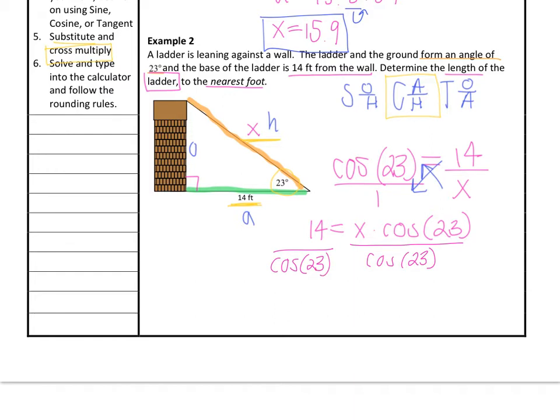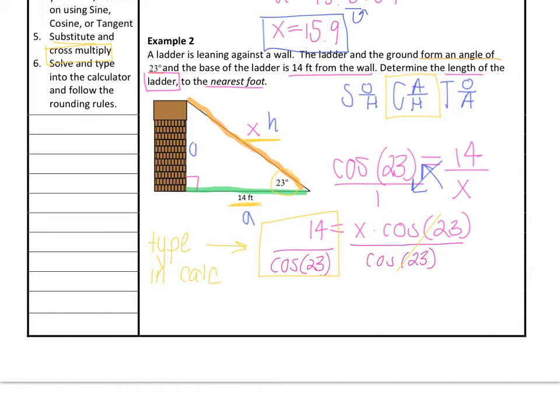So in doing so, cosine of 23 over cosine of 23 is going to cancel. That means I'm now left on the right side with x, and x is going to equal 14 divided by cosine of 23. And again, type that in your calculator. So do 14, hit the divide button.